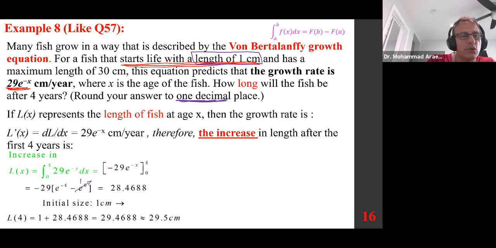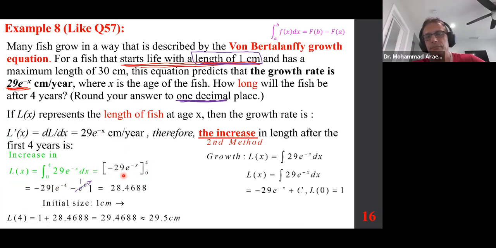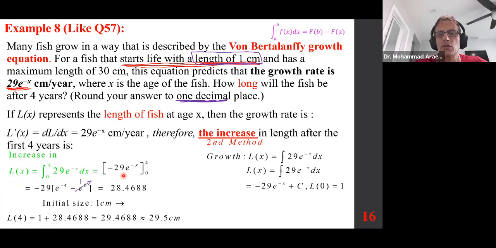And since we've done most of the work here, take a look. We have L of x equals this from 0 to 4. But if we are not evaluating from 0 to 4, that is the same thing plus a constant. So the same function plus a constant is the answer.